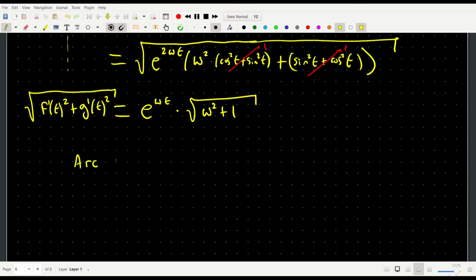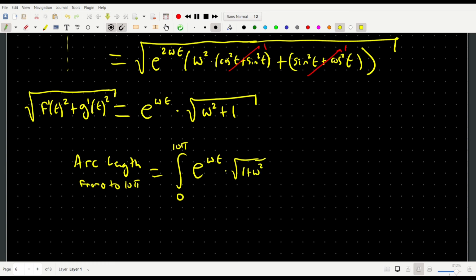And so the arc length from 0 to 10 pi is going to be the integral from 0 to 10 pi of this function, e to the omega t times the square root of 1 plus omega squared, dt.